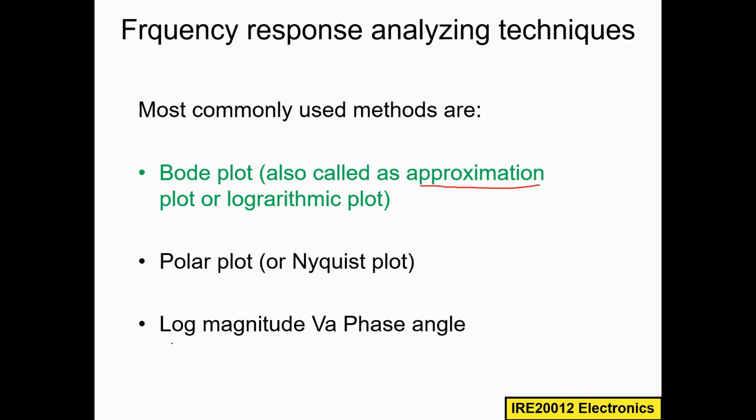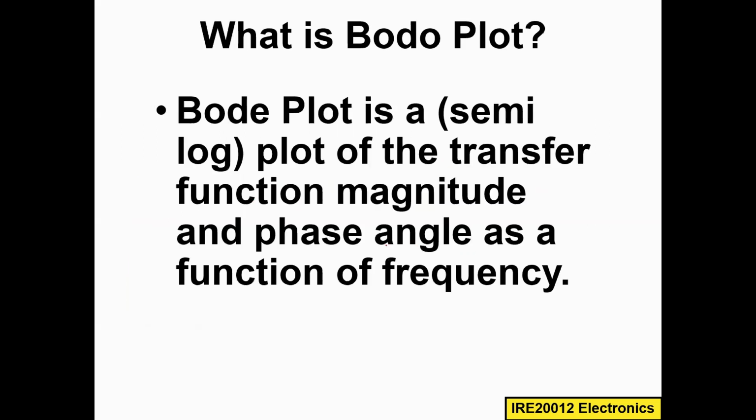And the third one is called log magnitude versus phase angle. So there are three methods we can use to analyze the output of electronic systems. But of course, we do not need to go into each and every topic; we will study the Bode plot. The same principle is applicable in all other plots.